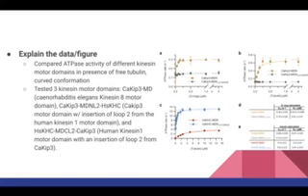So basically, to explain the data and figure as shown in here, it was used to compare the ATPase activity of different kinesin motor domains in presence of the free tubulin curved formation. We tested 3 kinesin motor domains. The first one is CA-KIP3MD, also known as Caenorhabditis elegans kinesin 8 motor domain.